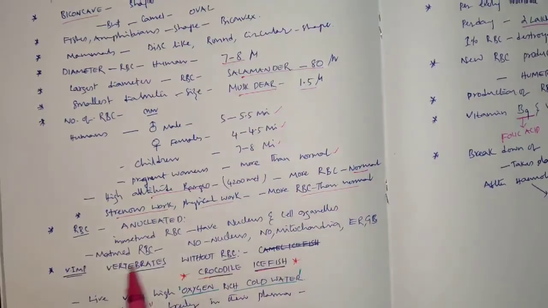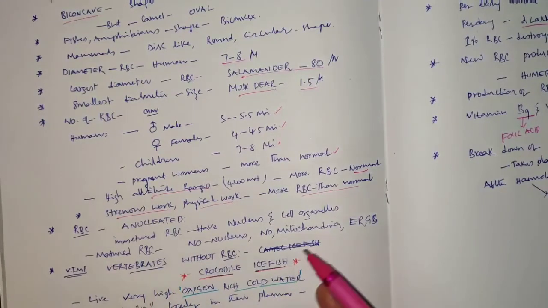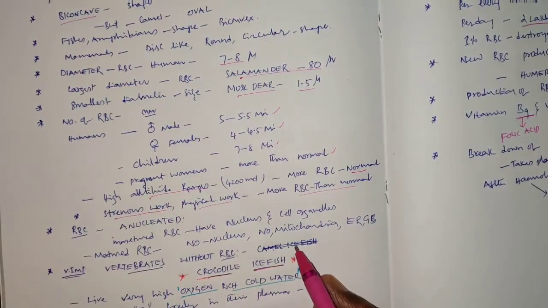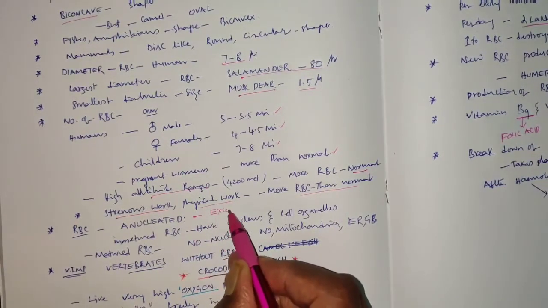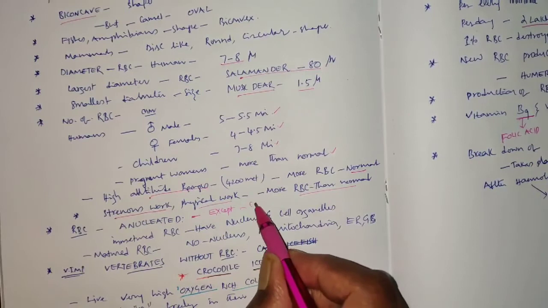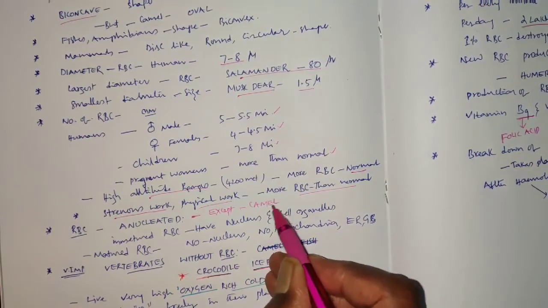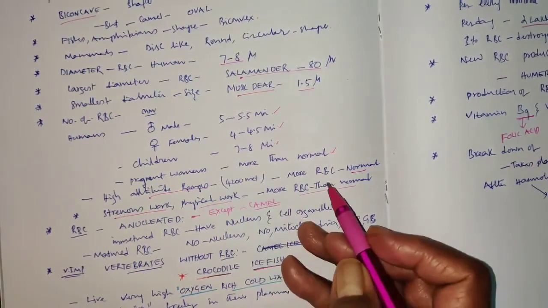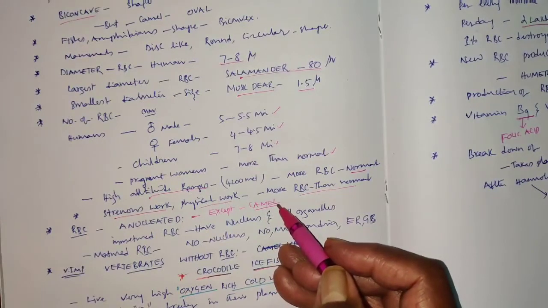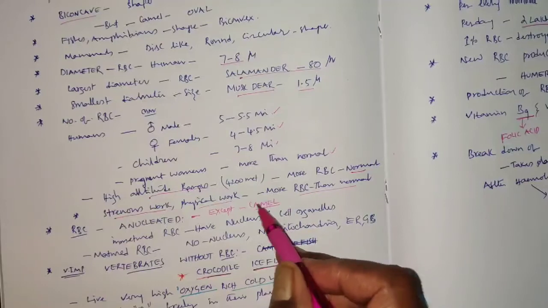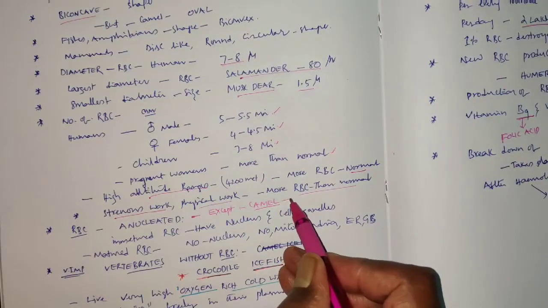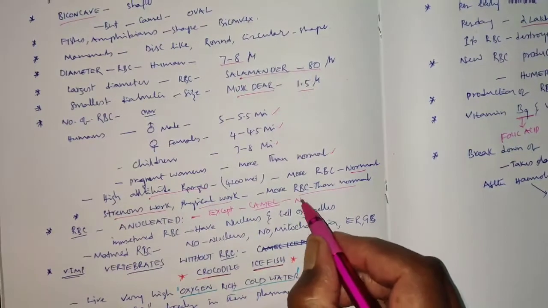Red blood cells are anucleated, with no nucleus in mature RBC, but the exception is the camel. Though the camel is a mammal, where normally there is no nucleus, the camel RBC has a nucleus.